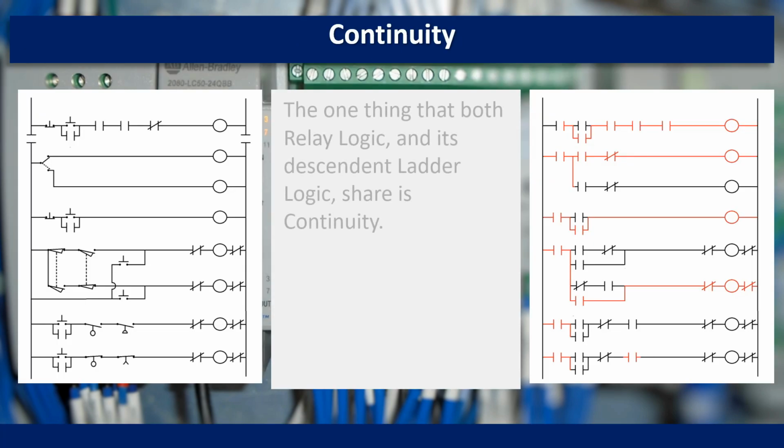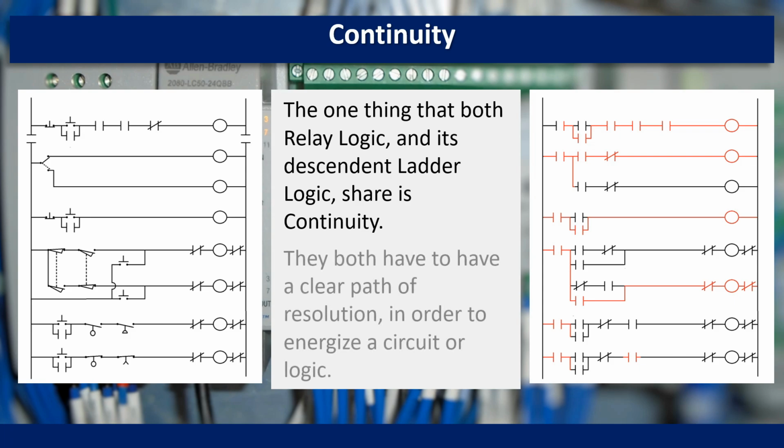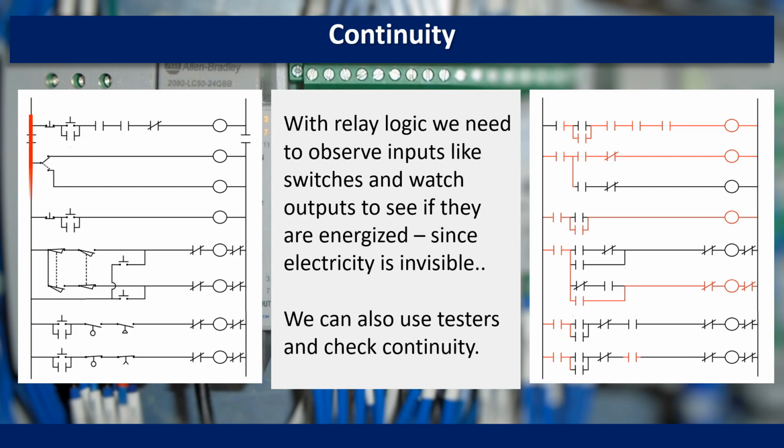The one thing that both relay logic and its descendant ladder logic share is continuity. They both have to have a clear path of resolution in order to energize a circuit or logic. With relay logic, we need to observe inputs like switches and watch outputs to see if they are energized, since electricity is invisible.